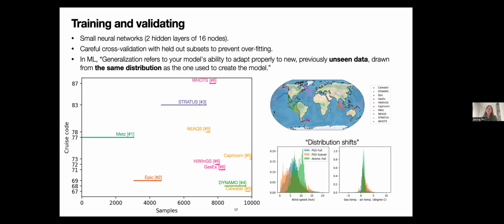But in all these subcruises, because they are done in different physical locations and the size is not that big, we often see a distribution shift, both in the inputs, such as wind speed and temperature difference, and the outputs, so the fluxes themselves.